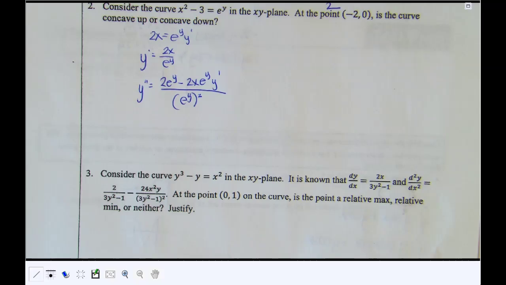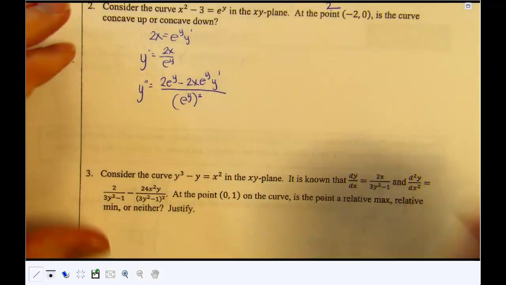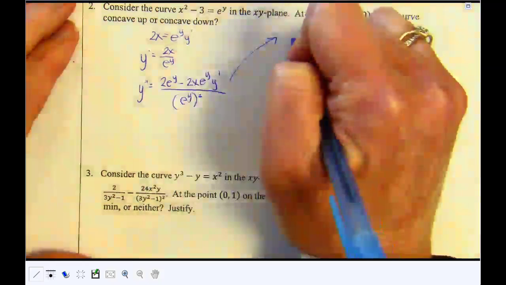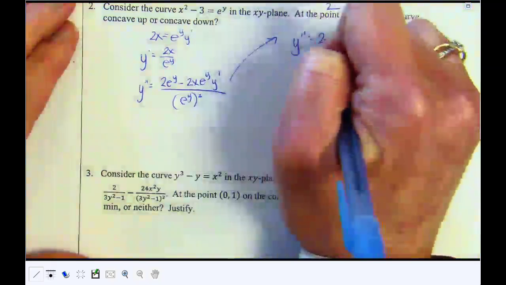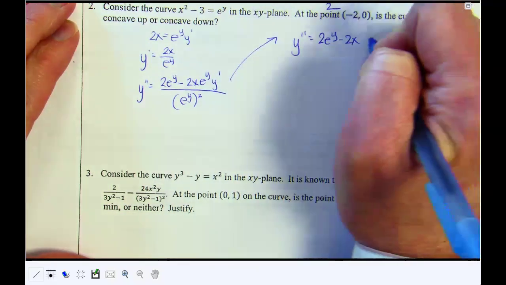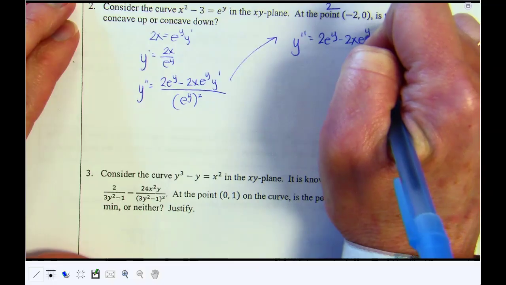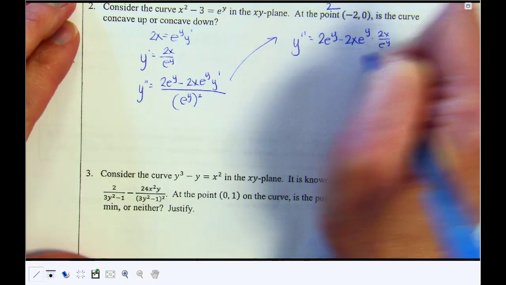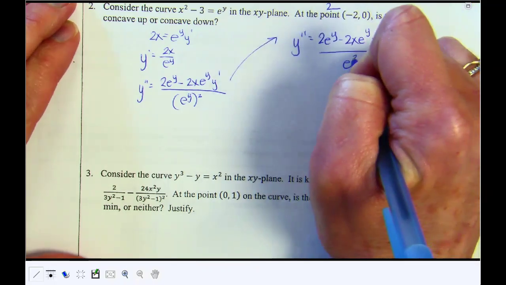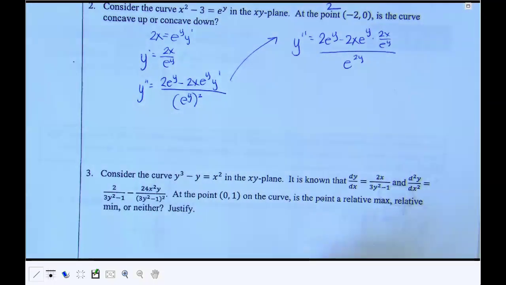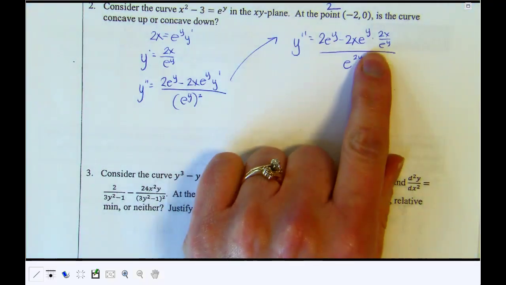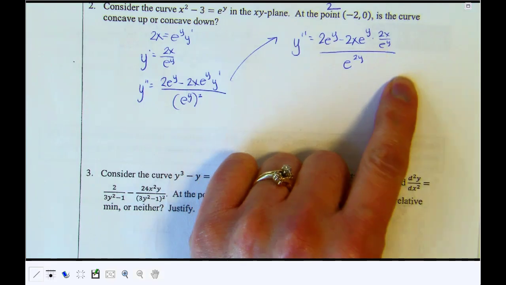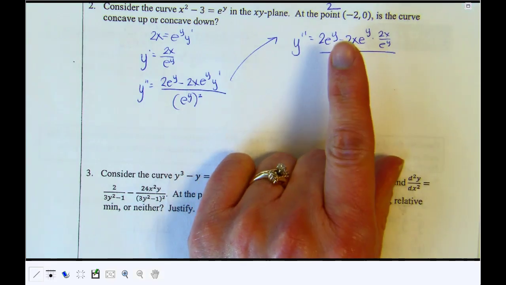Okay, so now listen. Let's put our y primes in, but we're not going to simplify. So 2 e to the y minus 2x times e to the y times 2x over e to the y, all over e to the 2y. Now, it looks like I got a double stack fraction, but look at this term. You've got an e to the y on the top and an e to the y on the bottom.